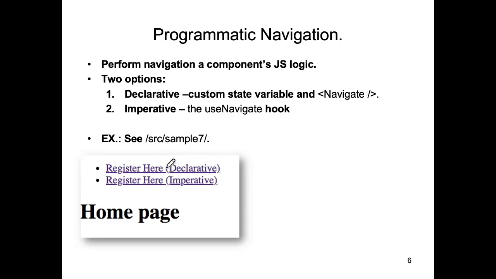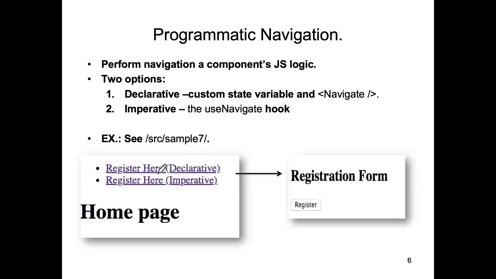Now I've implemented the registration in two different ways to demonstrate the declarative versus the imperative approach, but both of these do the exact same thing. I've just implemented them slightly differently. And typically when you click on your registration button or hyperlink in this case, you're brought to the registration page. So that's normal hyperlink-based navigation.